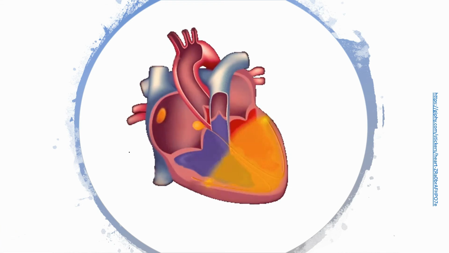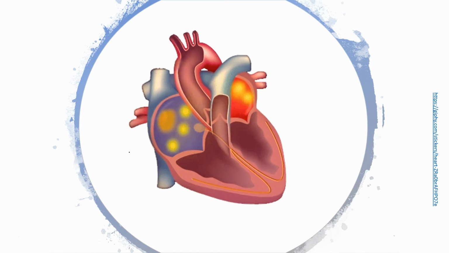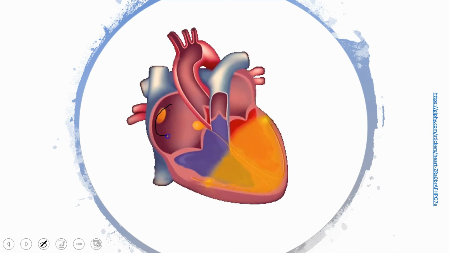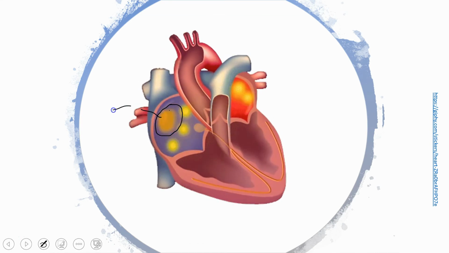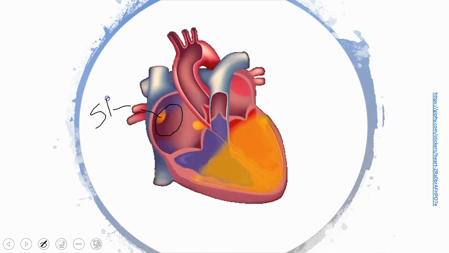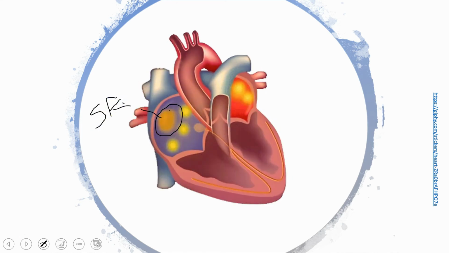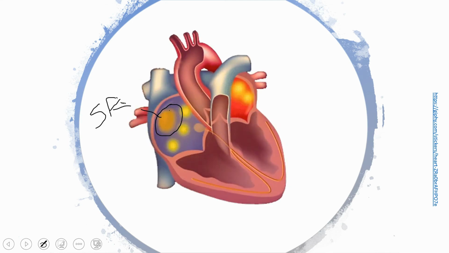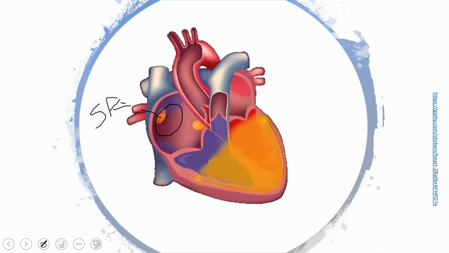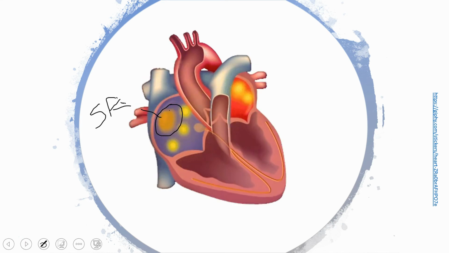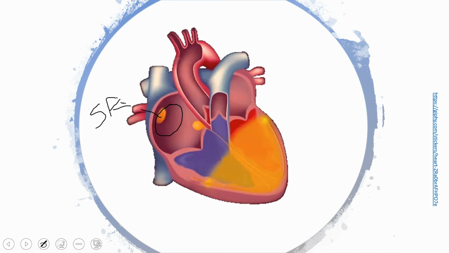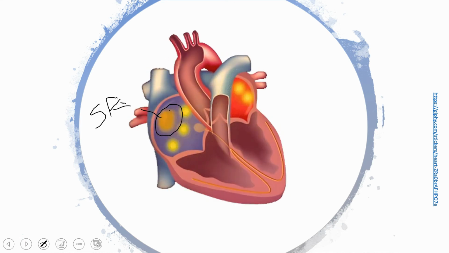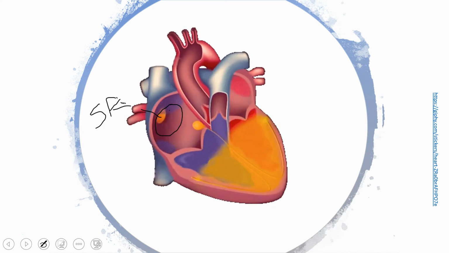So first off, if you recall that blood is entering into the right atrium, right inside of our right atrium is going to be an area known as the sinoatrial node. Oftentimes we refer to that as the SA node. This is really what starts pushing things off. That SA node is going to fire at a consistent rate of about 60 to 100 times a minute, and that is what is considered to be normal.